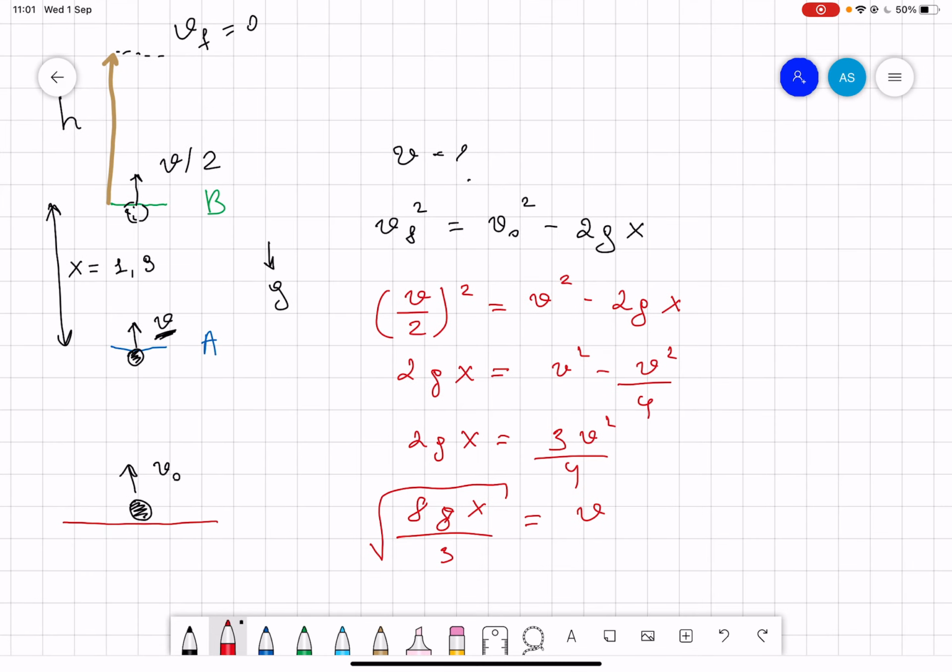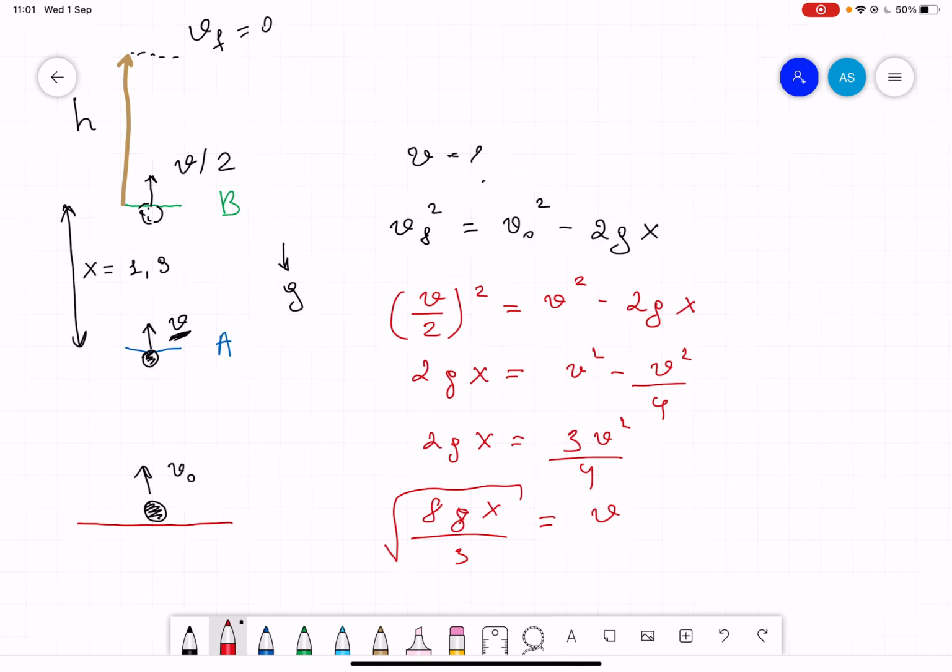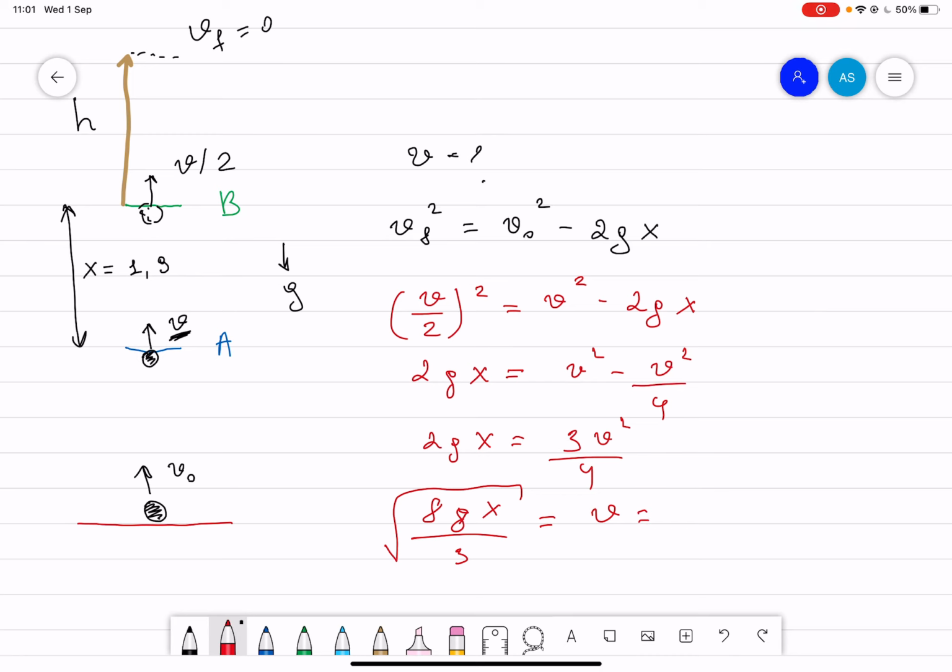So how can we solve that one? Let's first plug in the numbers and see what we can get. 8 times 9.8 multiplied by x, which is given as 1.9, divided by 3, correct? So let me calculate it. 8 multiplied by 9.8, by 1.9, divided by 3, which gave us 7.04.